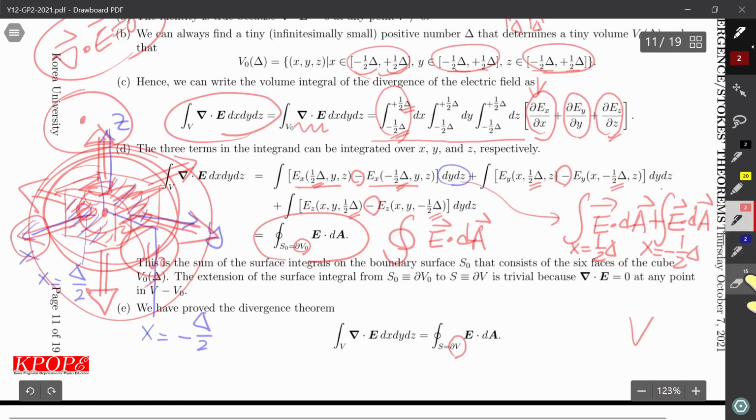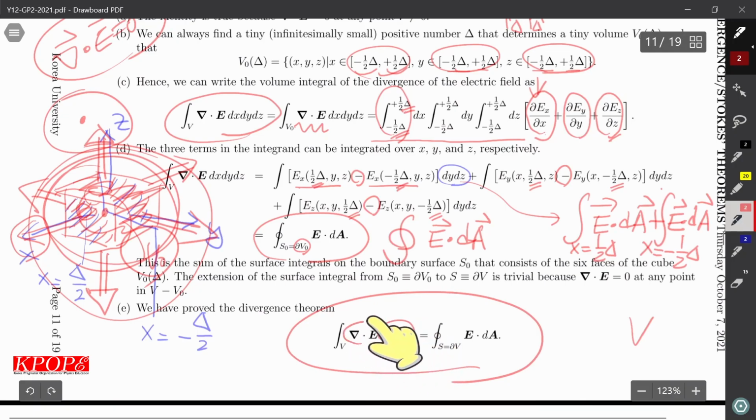As a result, we have proved the divergence theorem. Volume integral of divergence is the surface integral of the electric field over a closed surface containing the volume.